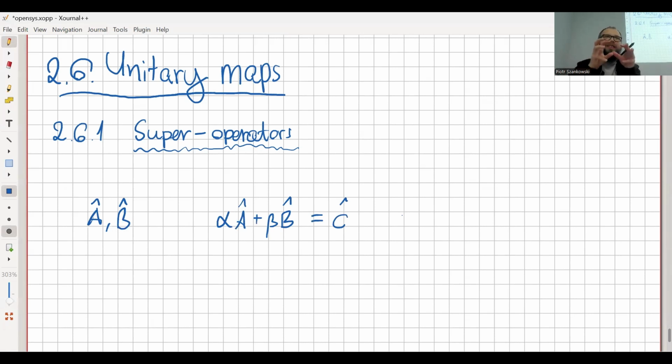So operators on our Hilbert space also form a vector space. Sorry? No, that's an extra thing. That would be a normed vector space. It's a Banach space, I think.